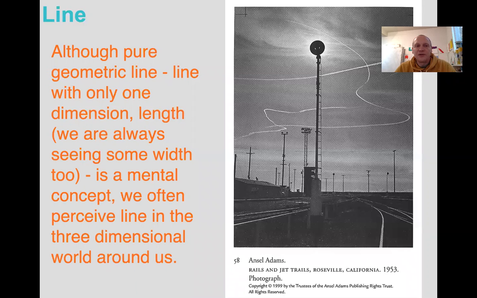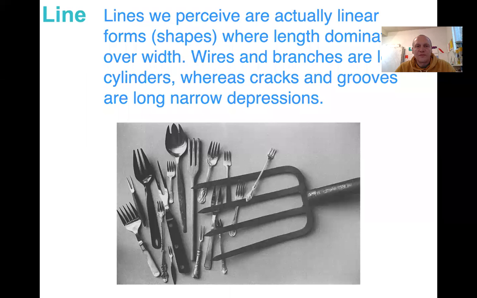In pure geometric line, or line with only one dimension, we can't see it. So we're actually seeing a stretched out rectangle or wider shape. So pure line is just from one point to another. They're linear forms that are just stretched out where length dominates.